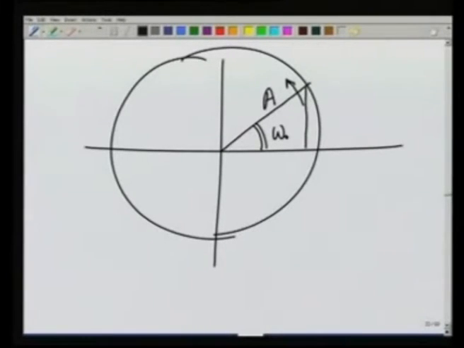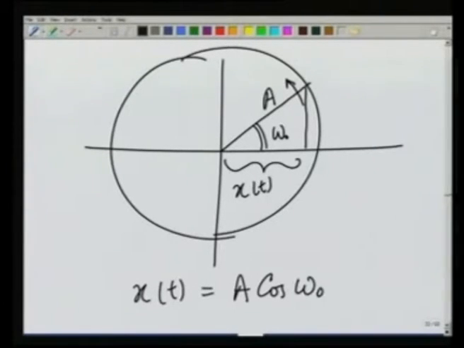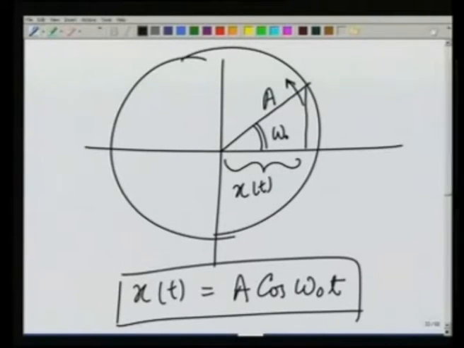I am taking its x component, and this x component is really describing the motion xt is equal to a cosine of omega 0 t. So Phasor diagram is a way of looking at this motion, and it becomes particularly useful when 2 or 3 motions are superimposed on each other.